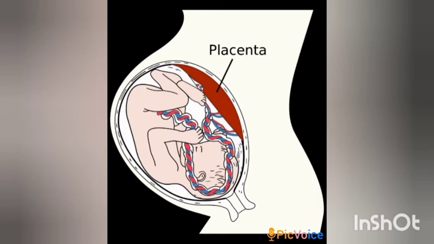This is a disc which is embedded in the uterine wall. It contains villi on the embryo side of the tissue. On the mother's side are blood spaces which surround the villi. This provides a large surface area for glucose and oxygen to pass from the mother to the embryo.